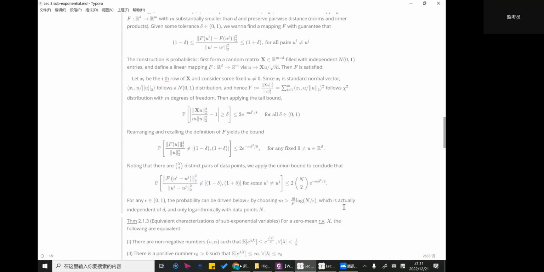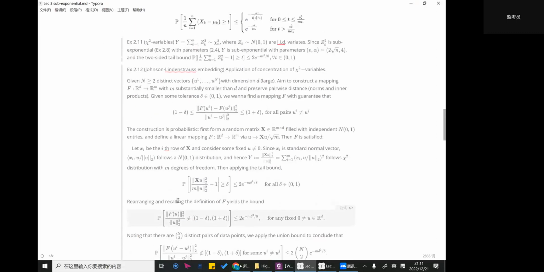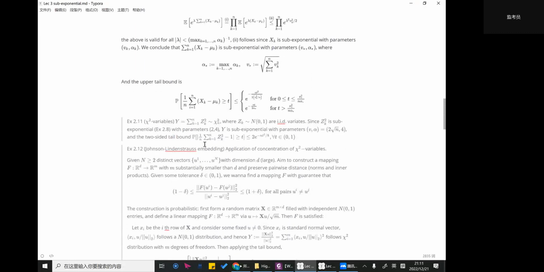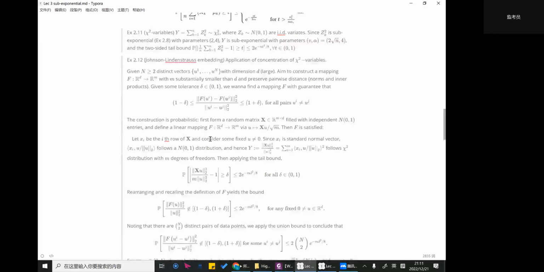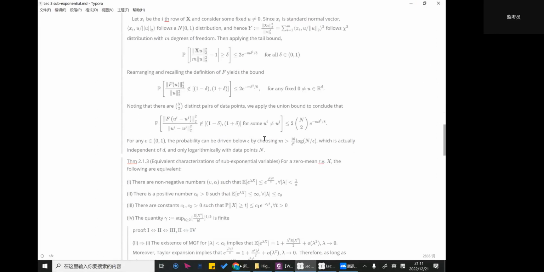This, interestingly, is actually independent of d, where d is the original dimension of our data sets. So this m, the dimension we want to choose, is independent of d and only logarithmic in the number of data points n.